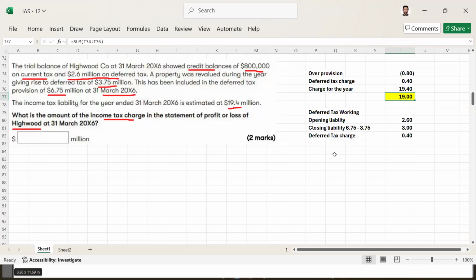We are simply provided with the deferred tax liability. Okay. So we found out that the deferred tax liability has increased. So that raises a charge. And there was over provision. That was something new in this question. And there was this charge for the year, which is the simplest working, 19.4, which is provided in the question. We simply put it here. So the charge that we're going to take to the income tax is going to be 19 million. Okay, so I hope this one is clear.